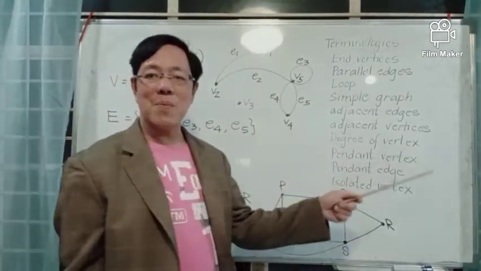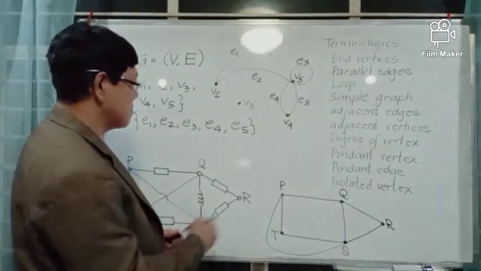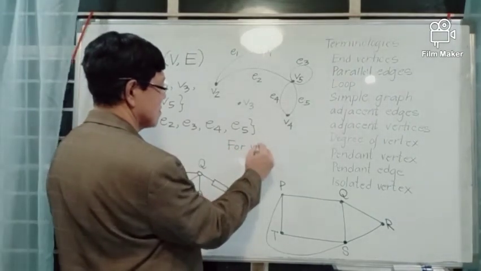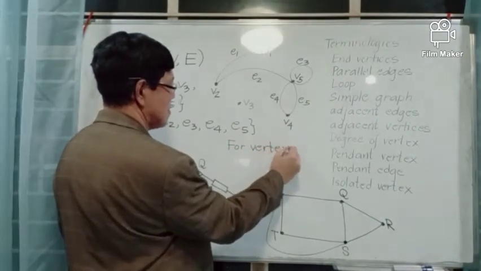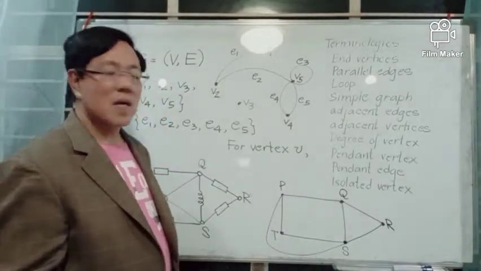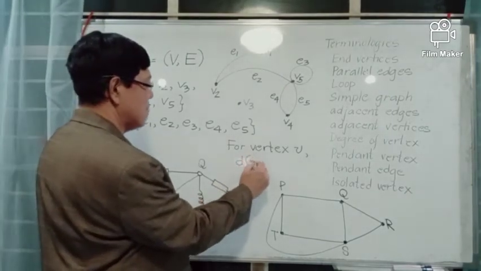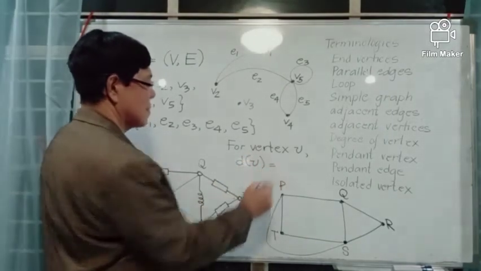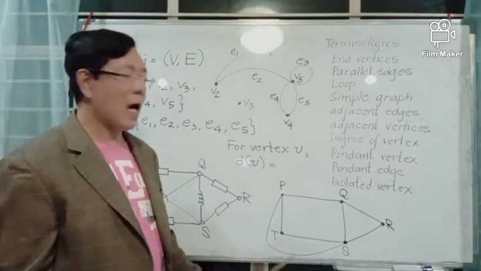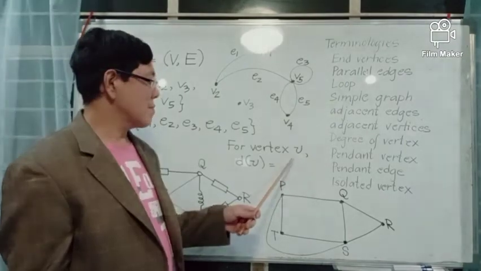The degree of a vertex B, denoted by D of B, is defined as the number of edges that have vertex B as an end vertex.